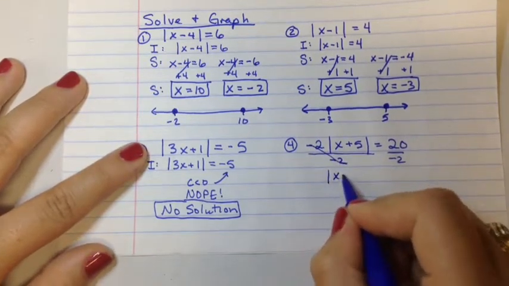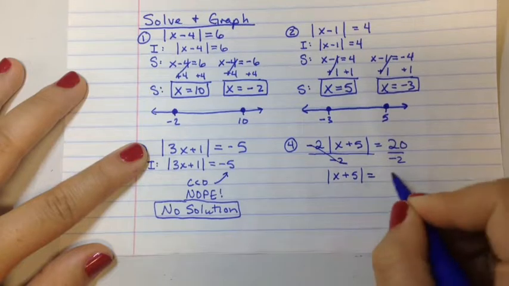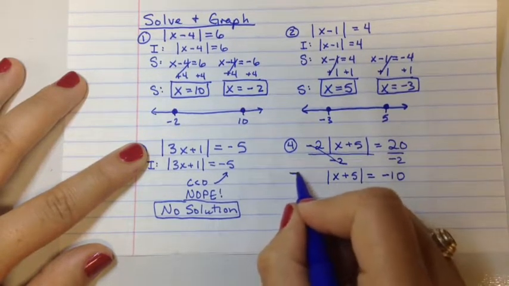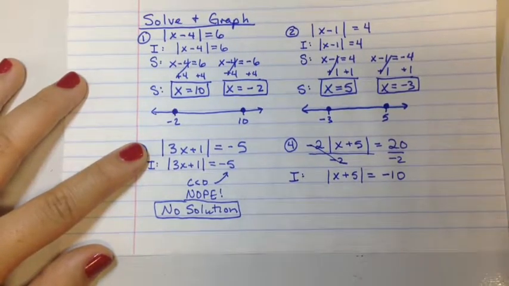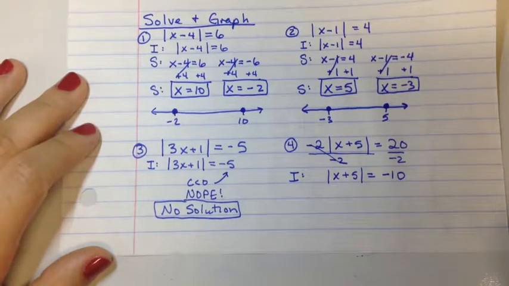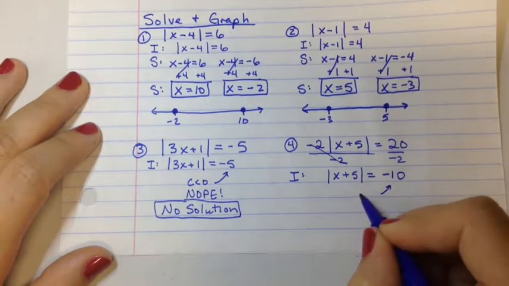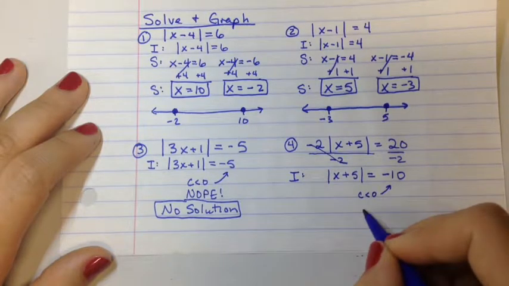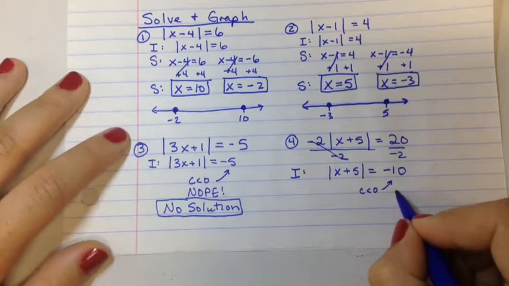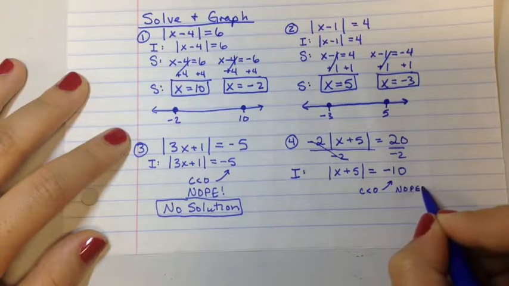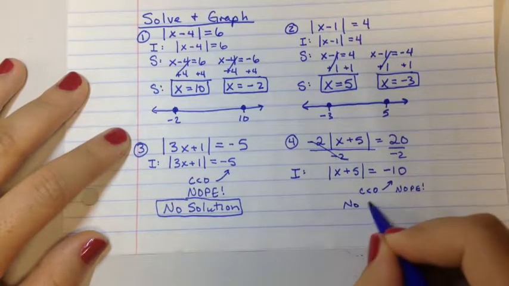I would have the absolute value of x plus 5 equal to negative 10. Now it is isolated. What do you notice about this absolute value? Again, we have the same problem where c is less than 0. That can't happen. So we have no solution.